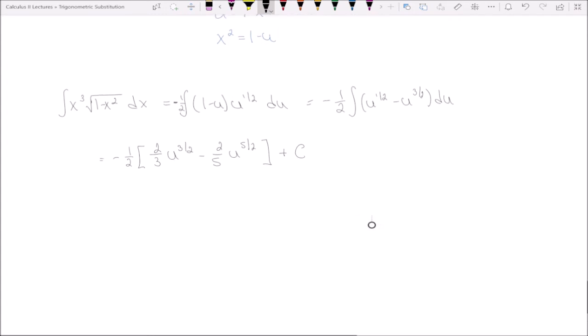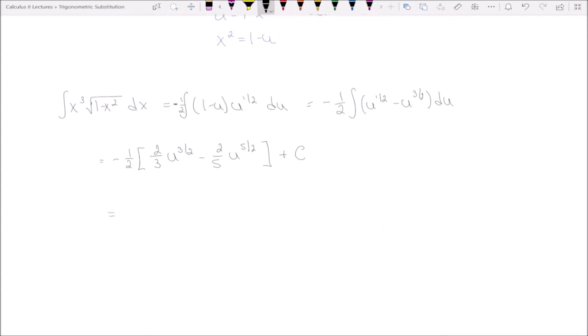Right? Now just replace our u's, and we'll get negative 1 minus x squared to the 3/2 over 3 plus 1 minus x squared to the 5/2 over 5 plus a constant.